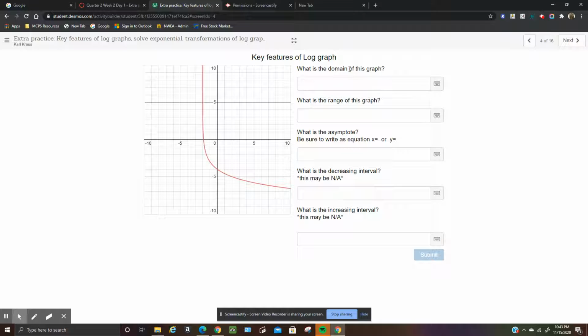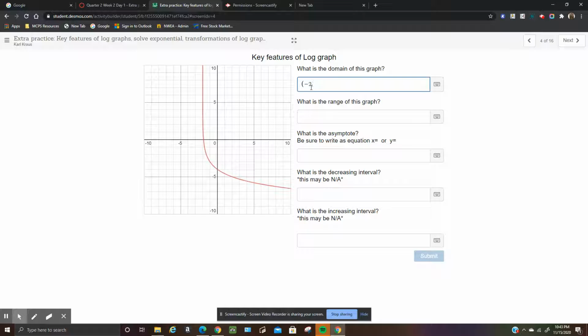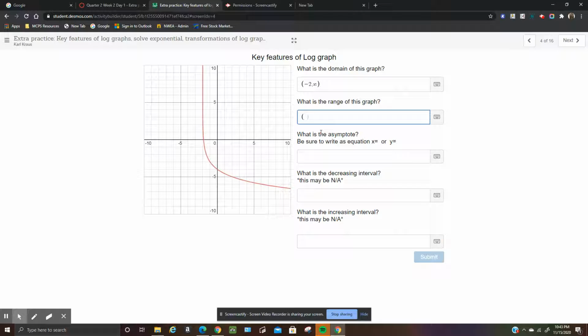And then what's the domain of this graph? So once again, you'll look for the asymptote here. It's at negative 2. So negative 2 to infinity. The range, like I said, for every log graph, negative infinity to positive infinity.